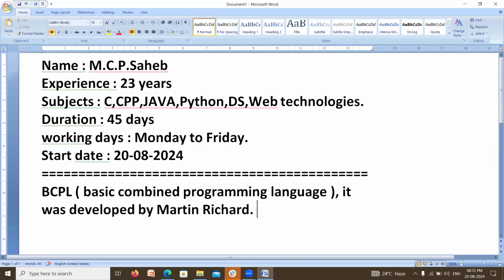Actually, my dear friends, at the time of developing this language, they were using one computer. It had one operating system called DOS. Actually, DOS is a single user operating system. What is that? Single user operating system.